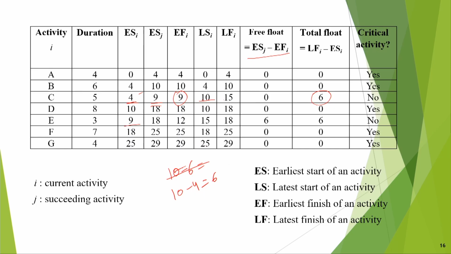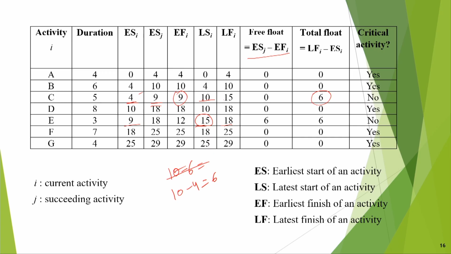The latest finish of event I is 18. The latest start of event I is 15, so 15 minus 9 is equal to 6.